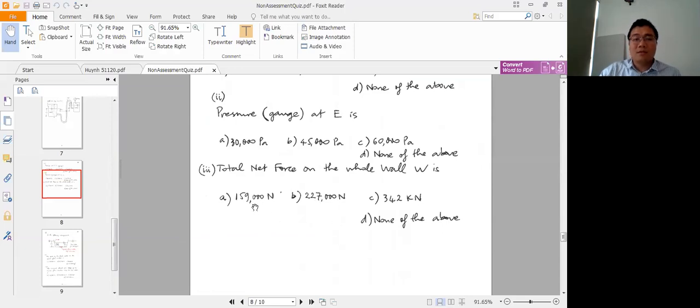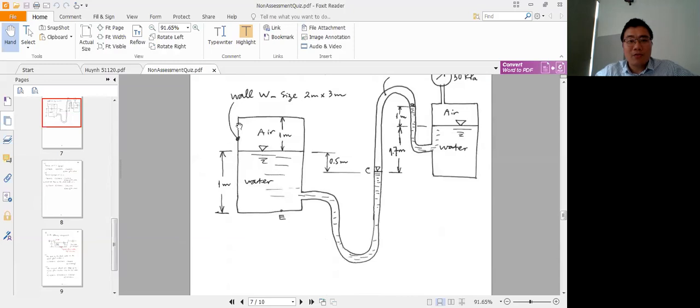Okay, portion 1, 2, 3, 4. Try to do it and give me the answer next week. Total force on this one, and remember that we have two forces, force from the air and force from water.